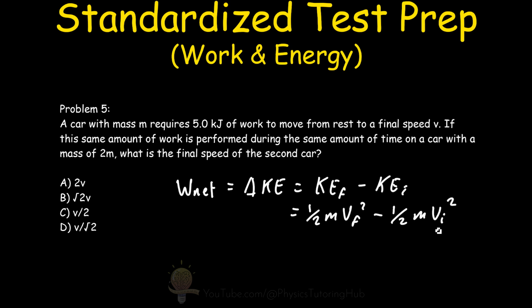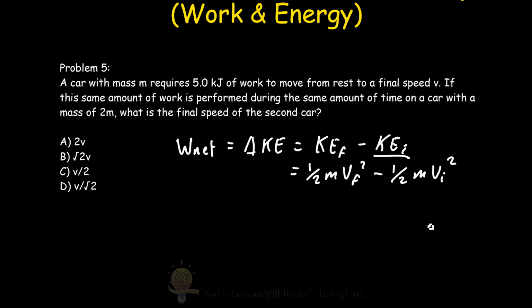So first, we realise that the initial kinetic energy of both cars is 0 joules because the velocity is 0 because we're starting from rest here. So now our work net equation becomes work net is equal to the final kinetic energy, which is equal to half times the mass of the car times its final velocity squared.